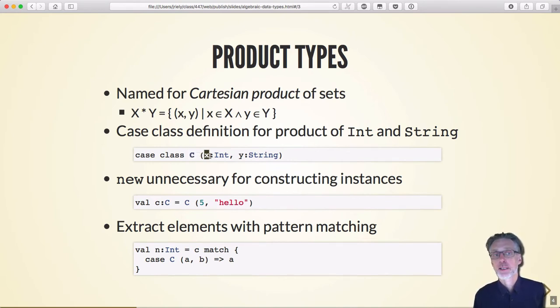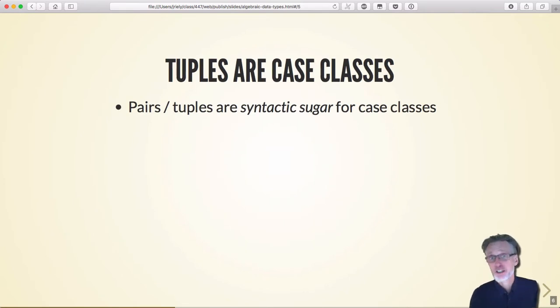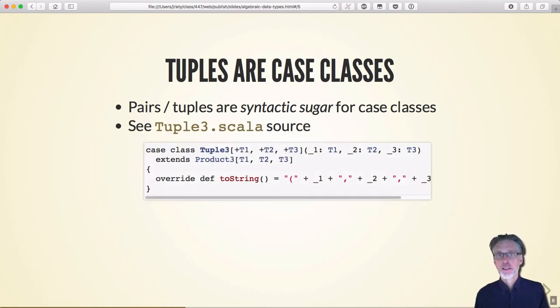And also we get to name the fields, whereas in a product class, they're always called _1 and _2. Here we can pick our own names. But as it turns out, tuples are just case classes. So Scala actually doesn't have a built-in notion of tuple. It's not built into the language. It's just part of the libraries.